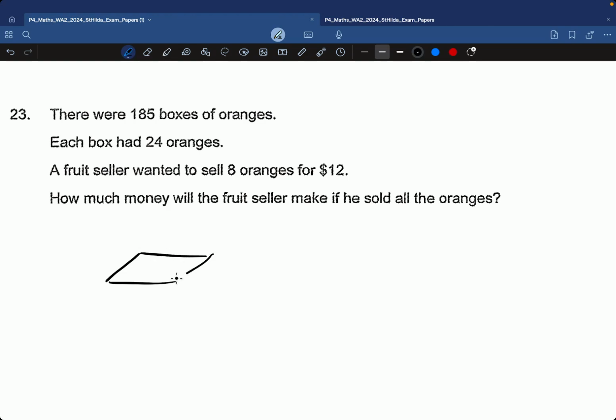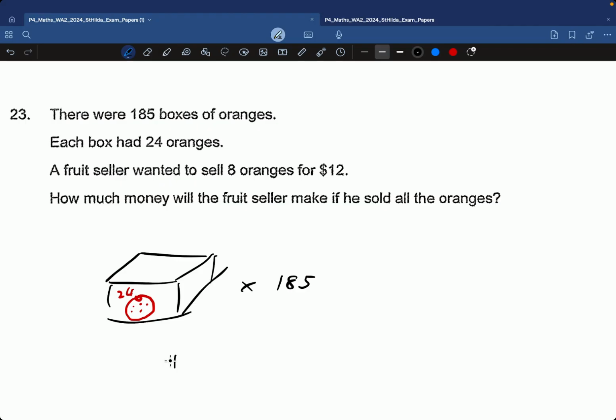185 boxes of oranges. Okay, so this is a box, times 185. So these boxes of oranges. Let me put an orange here. I think this is how an orange looks like. I know it's not exact, but this is an orange. Now the next part is each box has 24 oranges. So we want to calculate the total amount of oranges first.